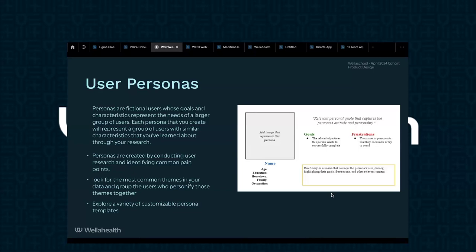Like for the person who was building something in education, right? They want to fix online education. One of your user personas could be the teacher. So a teacher could represent the educators.